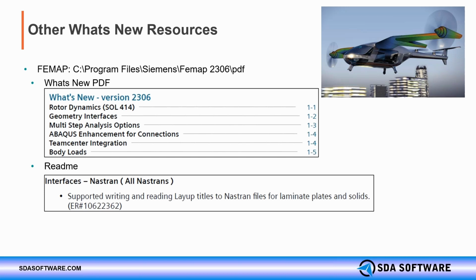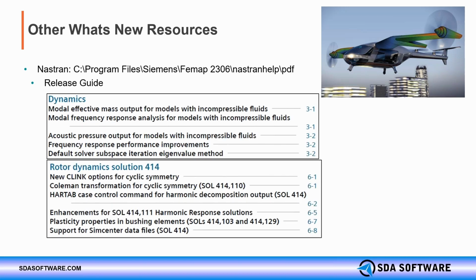And then also, we really didn't cover much of this, but Astron, with every release of Femap, also gets updated, but it's a different development team. If you go into this directory, it's probably different for some people, depending on where you installed it. There's this PDF called the Release Guide, and that has a lot of information on what new things Astron can do.